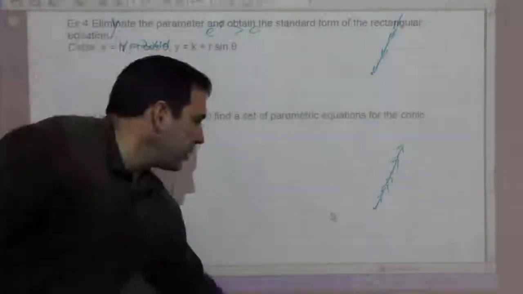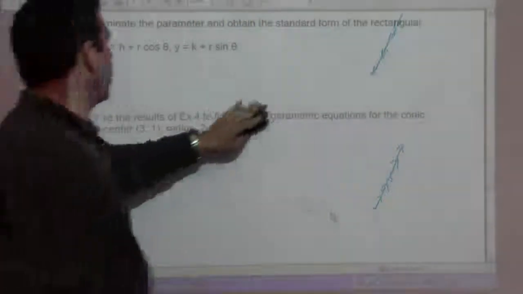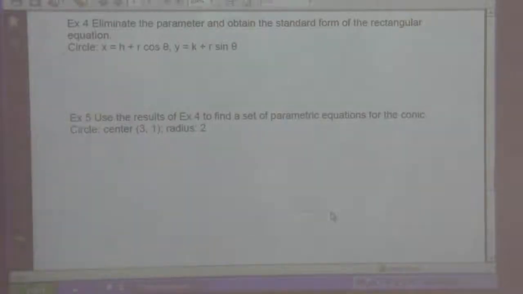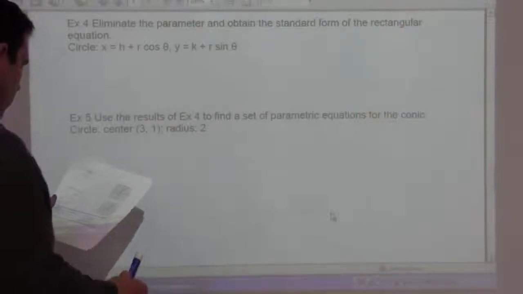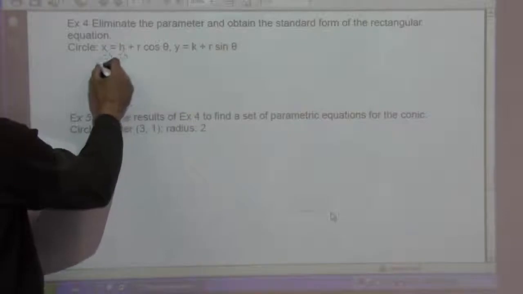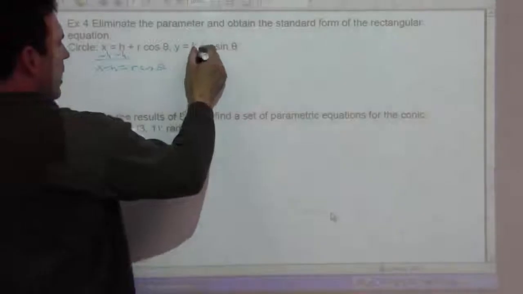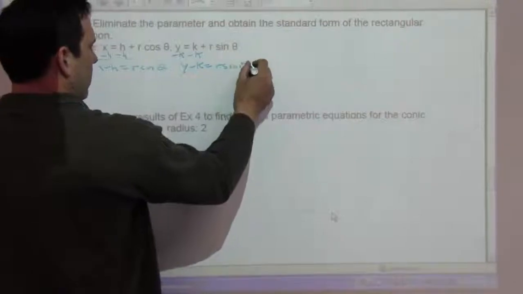Okay, moving on to example 4. Eliminate the parameter and obtain the standard form of the rectangular equation. For a circle, x equals h plus r cosine theta, y equals k plus r sine theta. We subtract the h from both sides: x minus h equals r cosine theta. Subtracting the k, y minus k equals r sine theta.